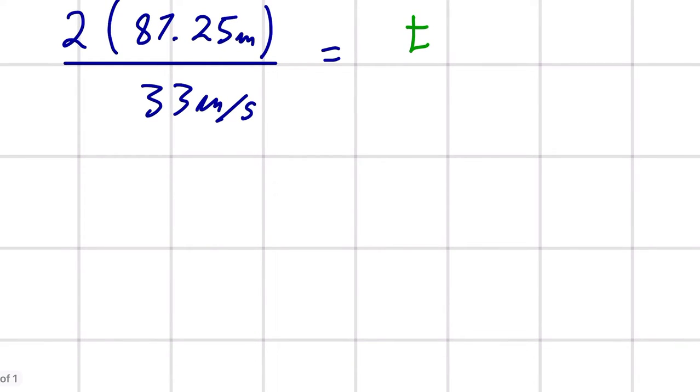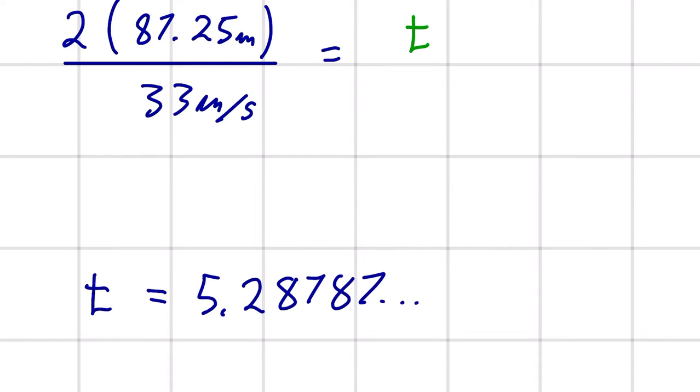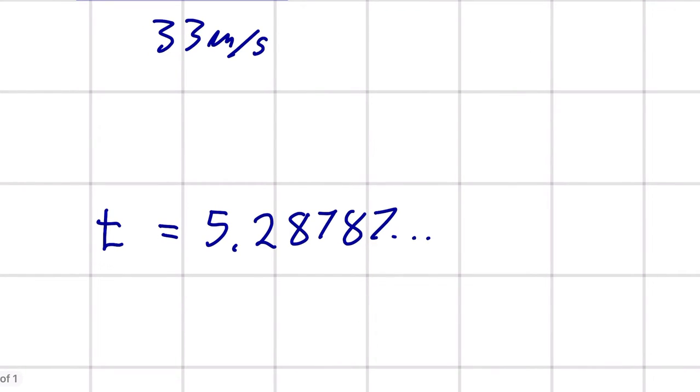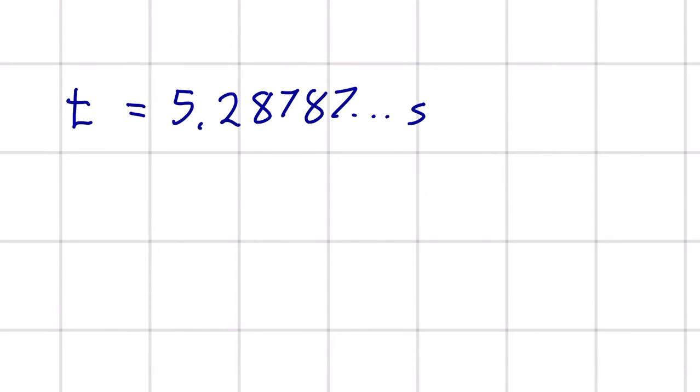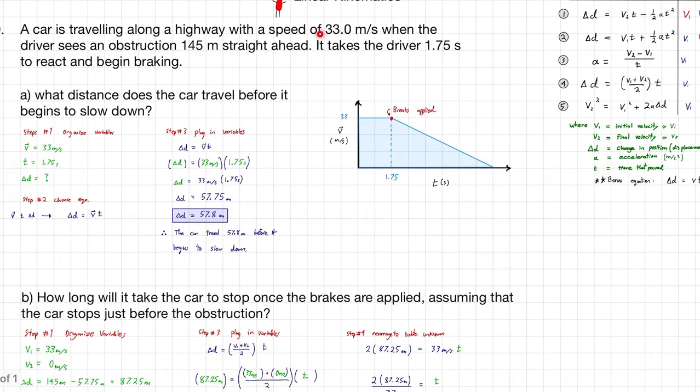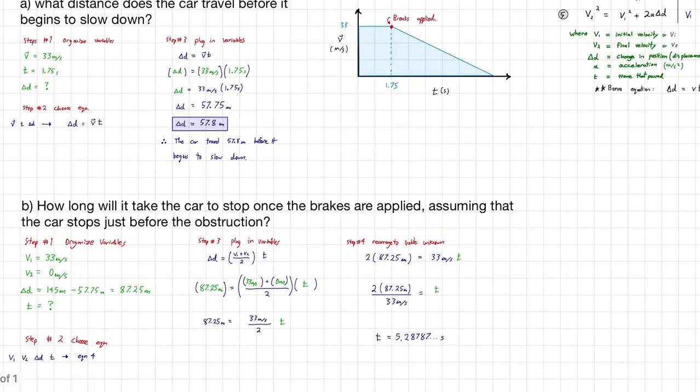So I encourage you once again, plug this into your calculator with me. Make sure you get the same answer. You get 5.2878 repeating, and that is seconds. So in our final answer, again, we want 3 significant digits to match what we're given in the question.